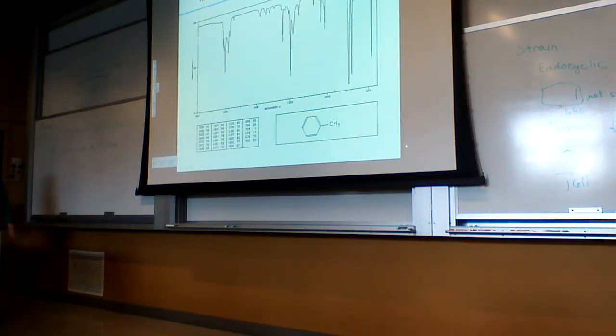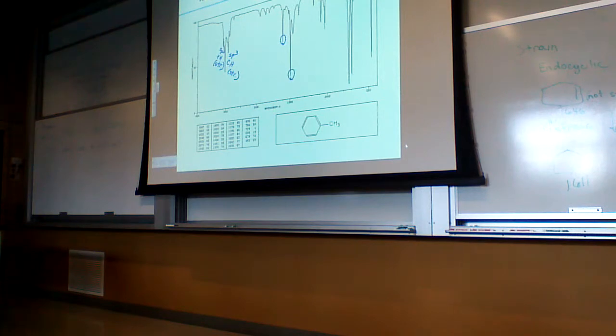So if we look at this spectrum, we have our sp2 hybridized CHs and sp3 hybridized CHs, both of these being stretches. And then we have two signals here, three signals really, in this region that are related to our aromatic C double bond C stretches.